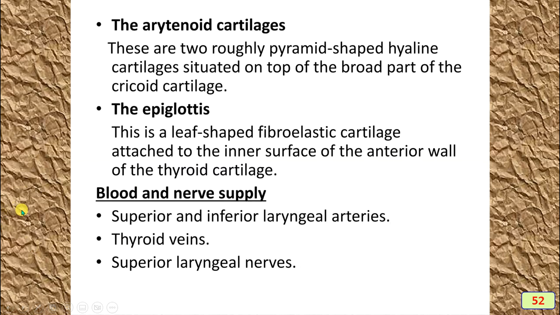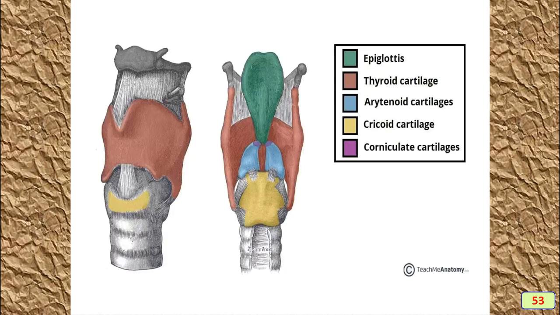Then the arytenoid cartilages are two rough pyramid-shaped cartilages situated in the top part, and the epiglottis is a leaf-shaped fibroelastic cartilage attached to the inner surface of the wall of the thyroid cartilage. Blood and nerve supply is by the superior and inferior laryngeal arteries, and also the thyroid veins, then the superficial laryngeal nerves are present.